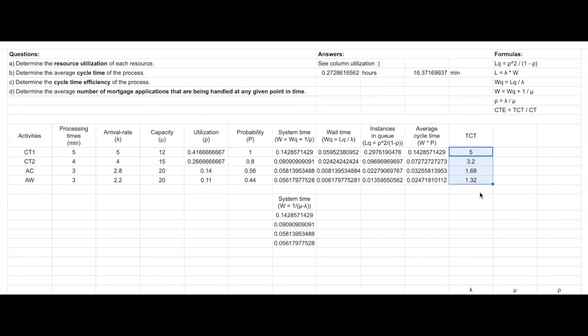This will result in, so we're going to have theoretical cycle time equals to 11.2 minutes, right? 11.2 minutes.